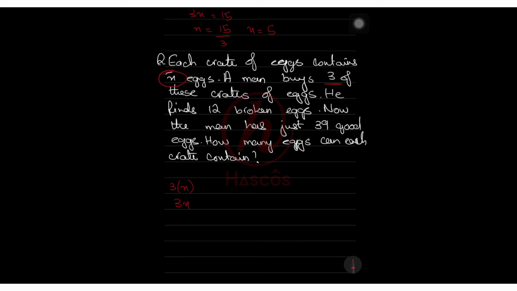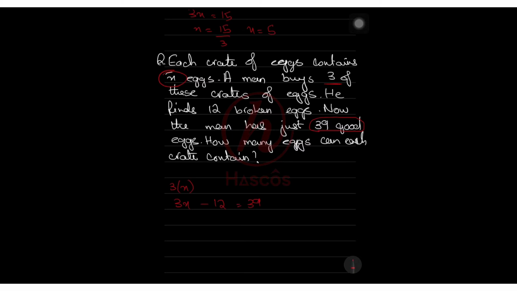Now he finds 12 broken eggs. Now out of those, 12 eggs are broken. So we need to take away 12 eggs to find out how many eggs are left, which are not broken, which are unbroken. Now when we do that, the man finds that he has 39 good eggs which are unbroken.